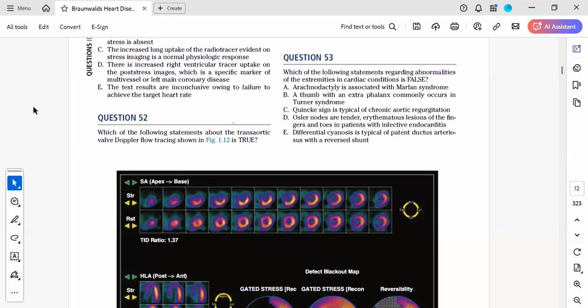Since this is a true statement, that makes the answer false.